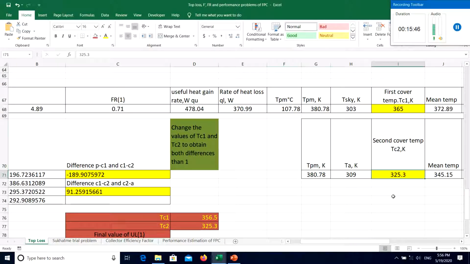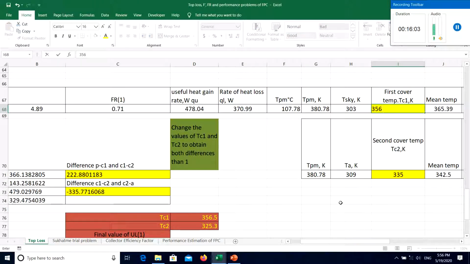If I change the value to say 335, then this difference will change. Okay, so I have to adjust this to reduce this difference. So I will reduce this difference to a final value which I already have got, 325.